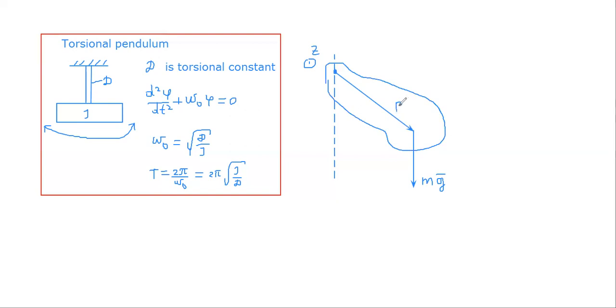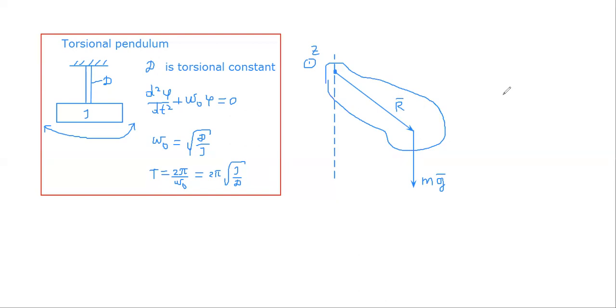This is the radius vector from the axis of rotation to the center of mass of the rigid body with mass m and moment of inertia I.